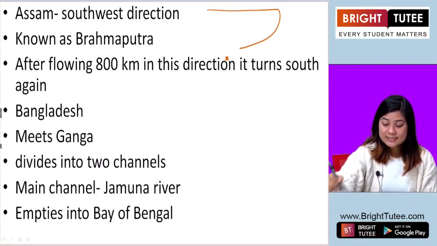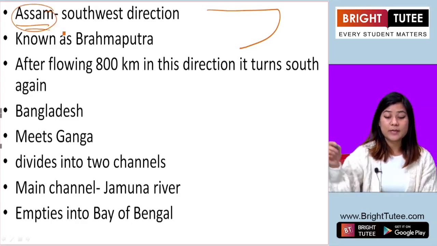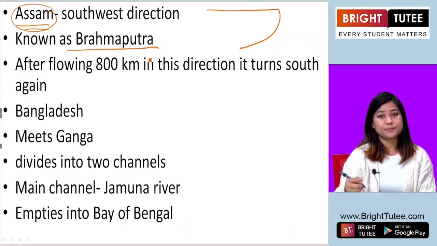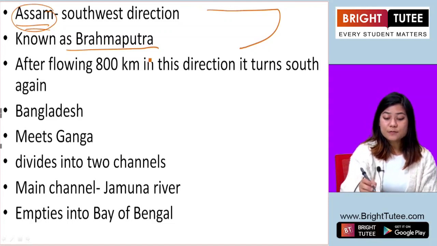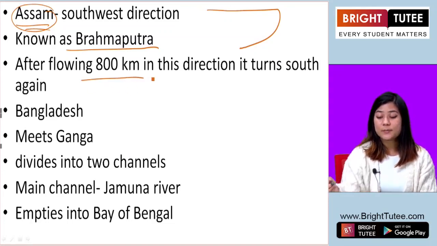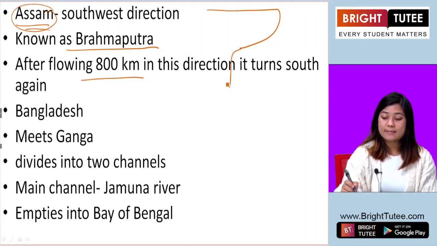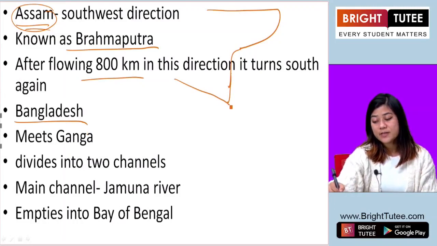Now as it takes that direction, it enters Assam, okay, and in Assam, Sangpo becomes Brahmaputra. Alright, the river is called Brahmaputra. Now after flowing for 800 kilometers in this direction, it turns south again and then enters Bangladesh. Here it meets its friend Ganga.